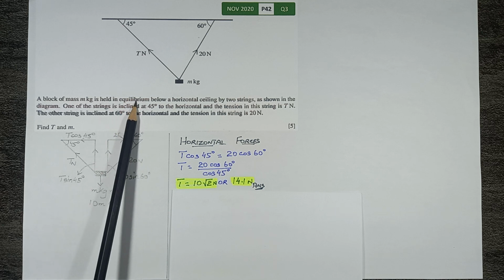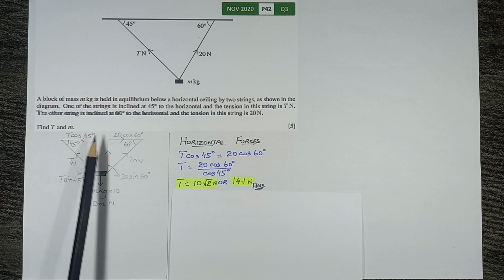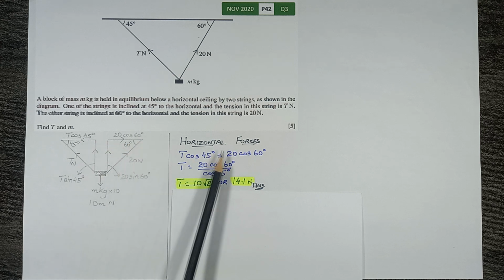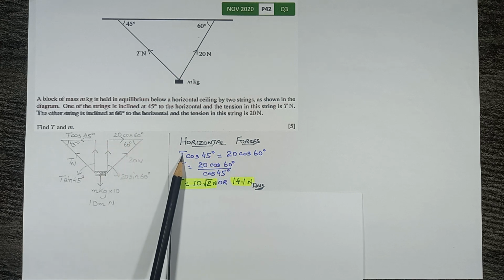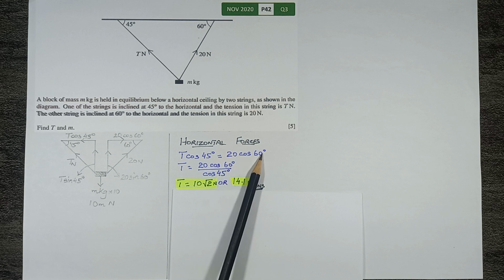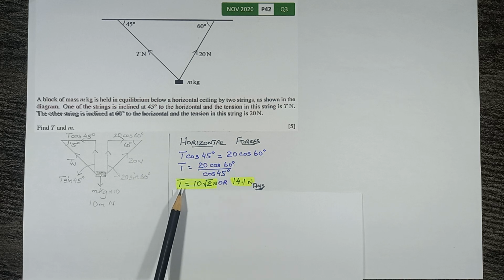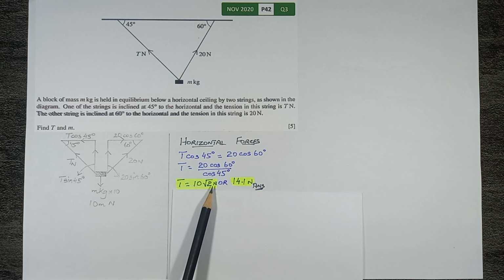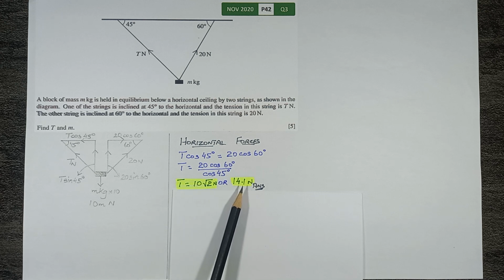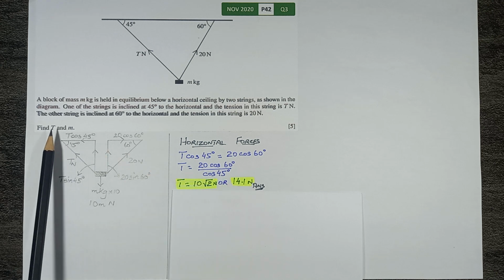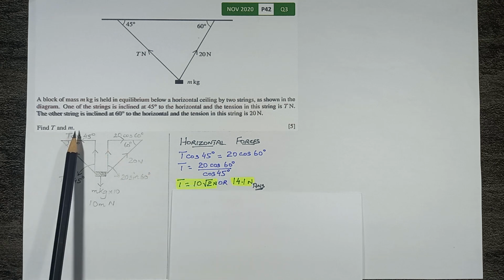Because the condition is an equilibrium, T cos 45 would be equal to 20 cos 60, and then T would be equal to 20 cos 60 divided by cos 45. After simplifying, we have the value of T as 10 root 2, or in decimal 14.1 Newton.